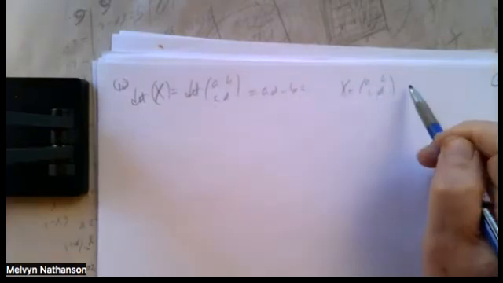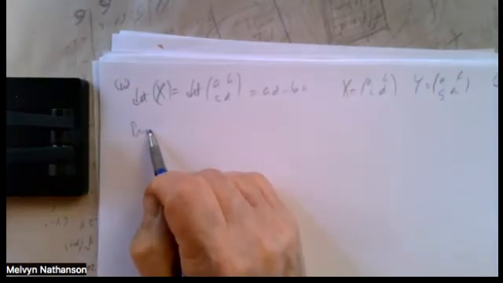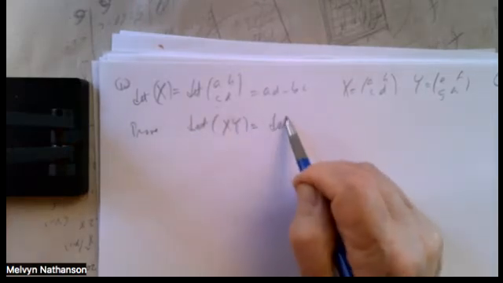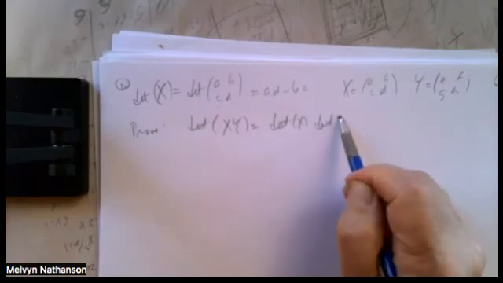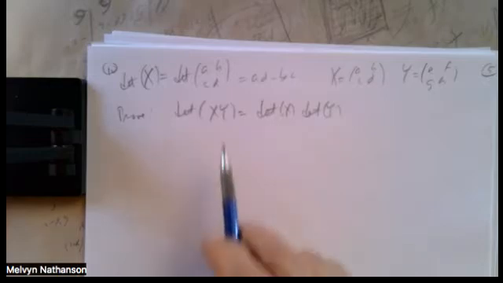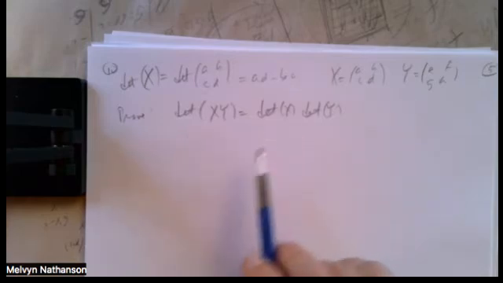So if we have X is A, B, C, D, and another matrix Y, which is E, F, G, H, we want to prove that the determinant of the product is the product of the determinants. So this is a calculation that's important to do periodically, just to make sure you absorb the fact that the determinant of matrices is multiplicative in a sense.